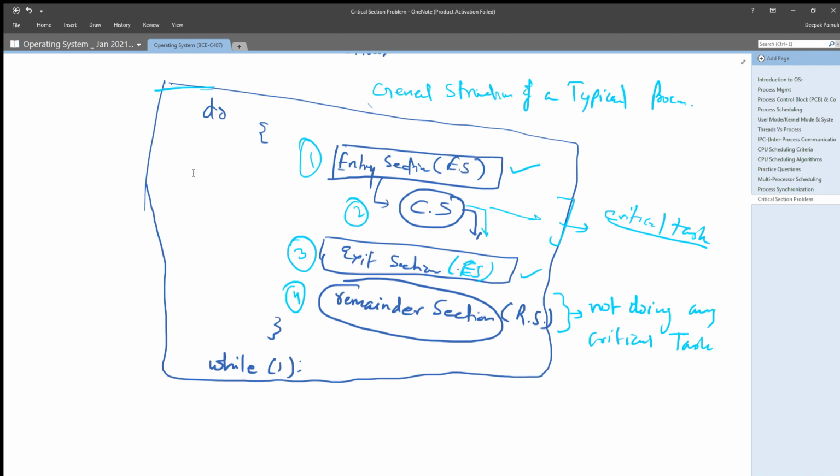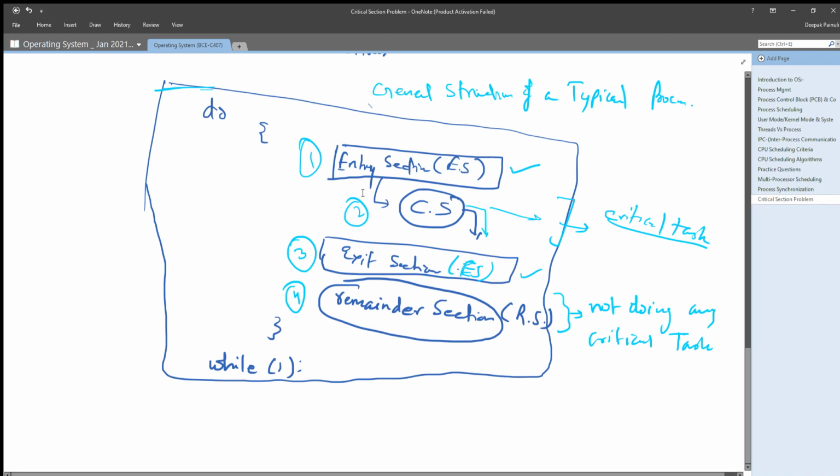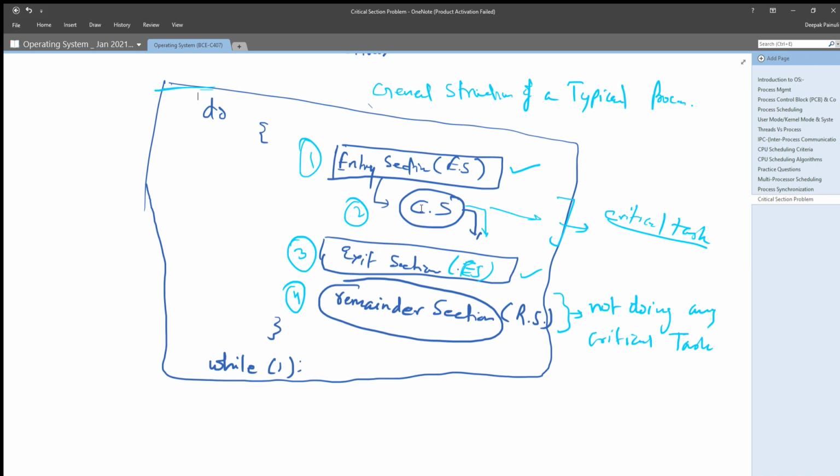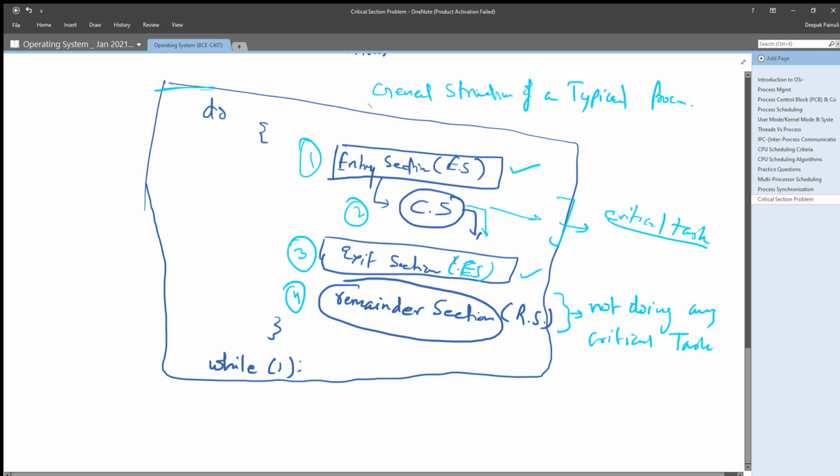You must know that there will be these sections, right? Because our total discussion of future topics on critical section or process synchronization will be based on this structure. So you must understand that there will be one entry section, followed by the critical section, followed by the exit section, and after these three sections the remaining code of the process will be referred to as the remainder section, right?